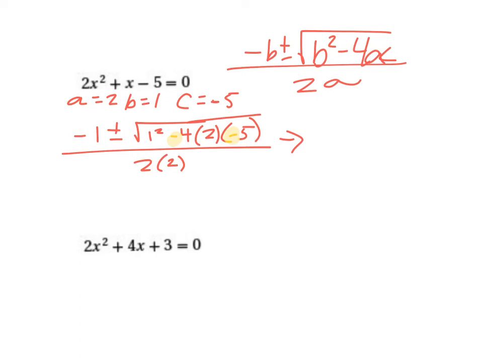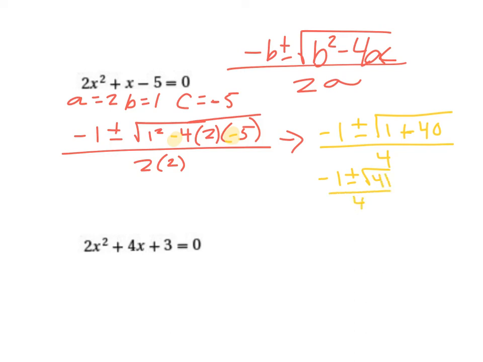So underneath the square root, I'm going to have 1 squared, which is 1, plus whatever I get when I multiply those numbers, 4 times 2 times 5. So 4 times 2 is 8 times 5 is 40. All over 2 times 2, which is 4. So then I would have negative 1 plus or minus the square root of 41 all over 4.